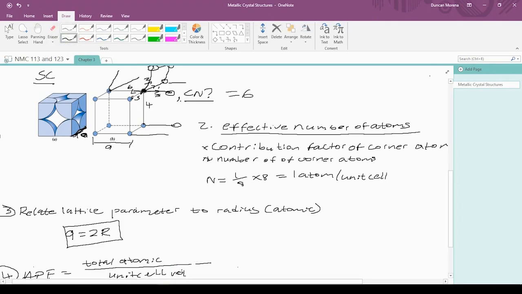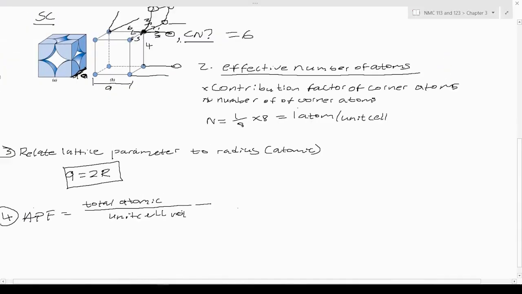Okay, let's blow this up. Atomic volume, which is basically just the effective number of atoms, I'll just abbreviate effective number of atoms, multiplied by sphere volume, right?